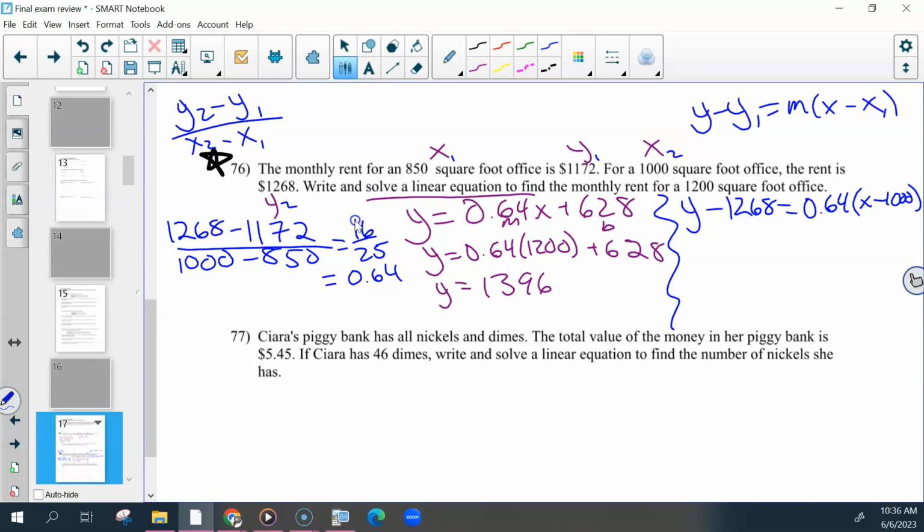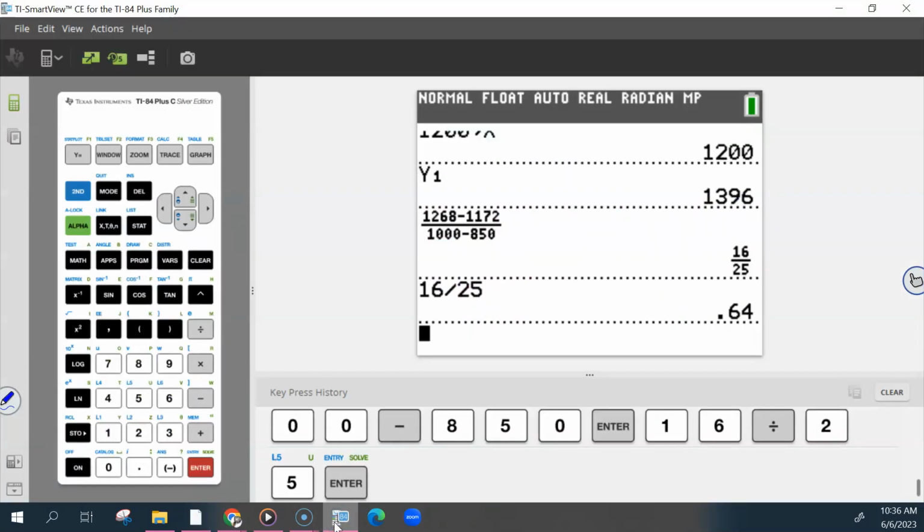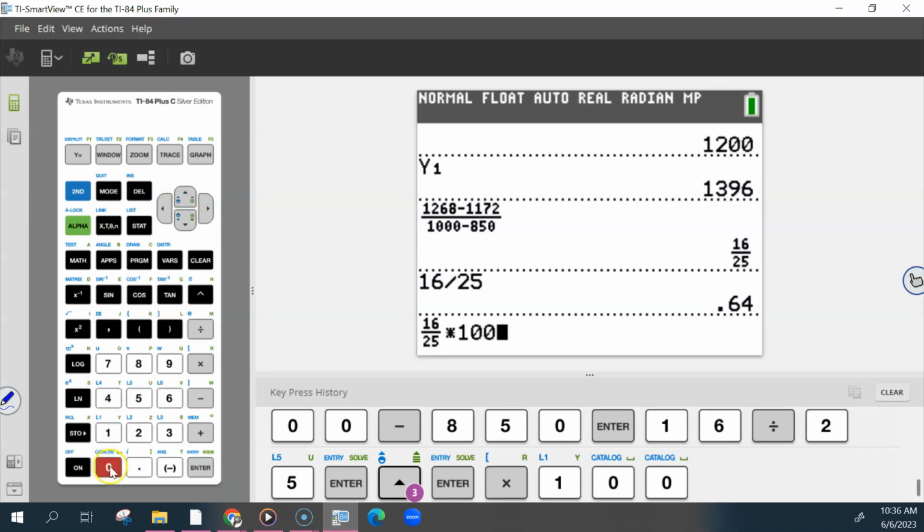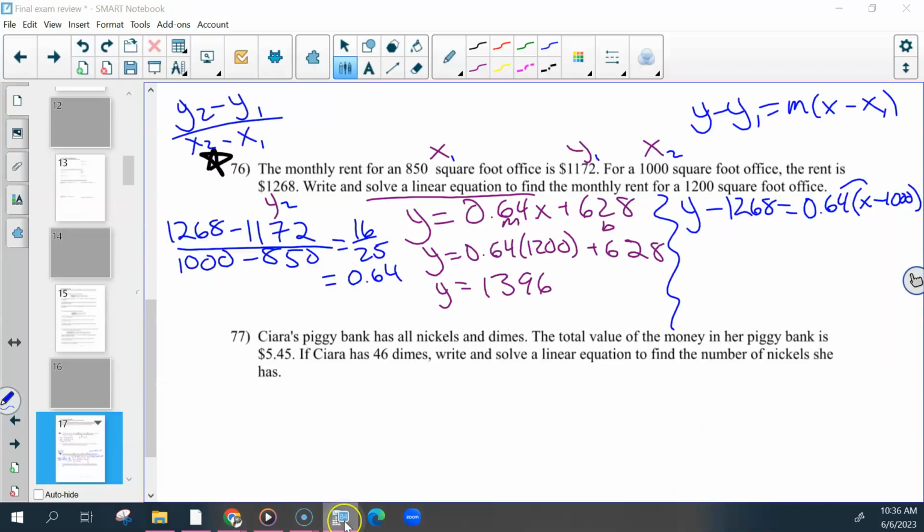Then you can start to solve. So distribute the 0.64 or the fraction. If you use the fraction, I would keep it in fraction form and just multiply. So y minus 1268 equals the fraction or the decimal x minus 640. Then we have to get it back in y equals mx plus b, so get rid of the 1268, add it to both sides.